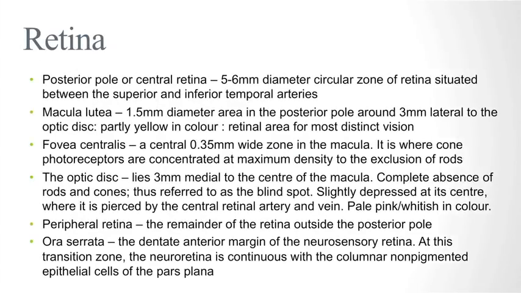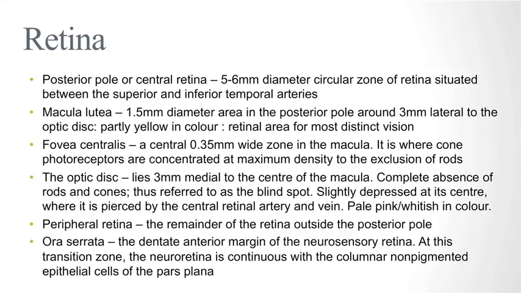Posterior pole or central retina is a 5 to 6 millimeter diameter circular zone of retina situated between the superior and inferior temporal arteries. Macula lutea, a 1.5 millimeter diameter area in the posterior pole around 3 millimeters lateral to the optic disc.